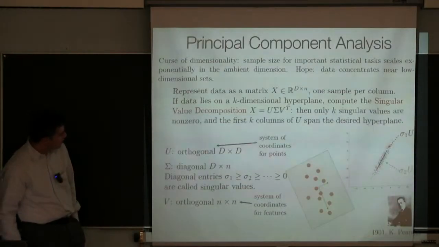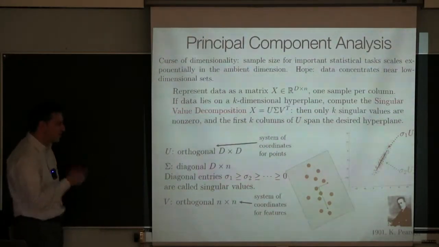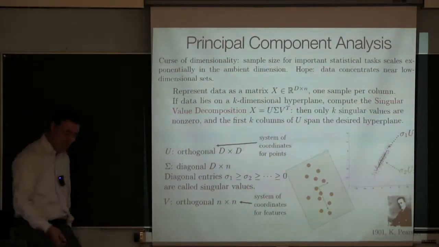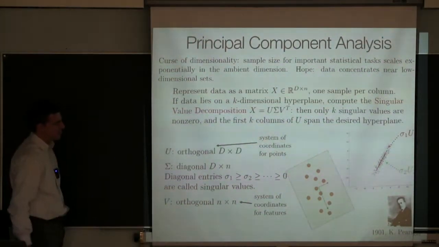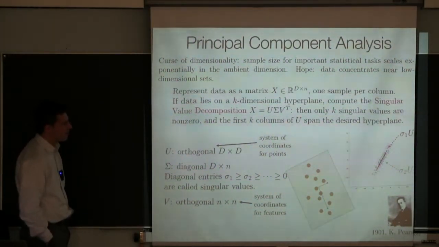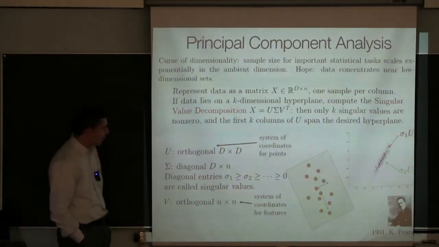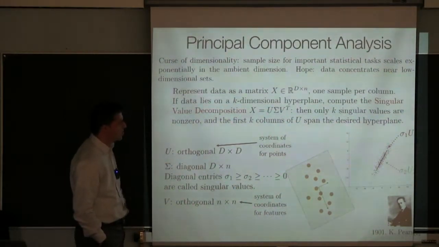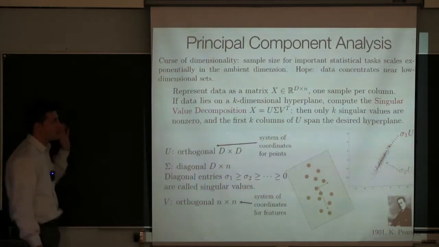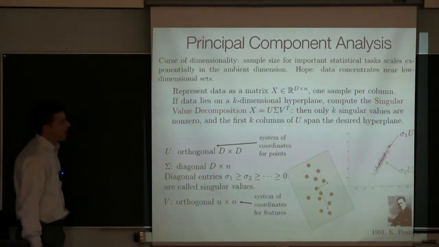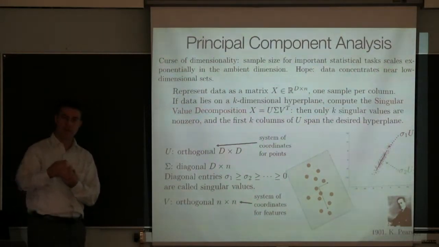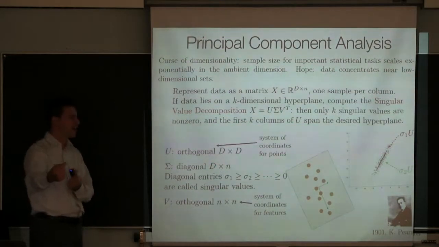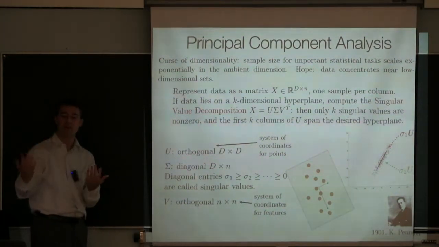And this is going to be my only slide which was in common with yesterday, but I do need singular value decomposition today as well. This also sets my notation for other things, so I think it's useful anyways. I'm going to think of my data as lying in R^D for very large D. For example, in the case of hyperspectral images, I could think of every pixel, with its 100 colors, as one high-dimensional vector, and then in every image I have maybe 1 million pixels.